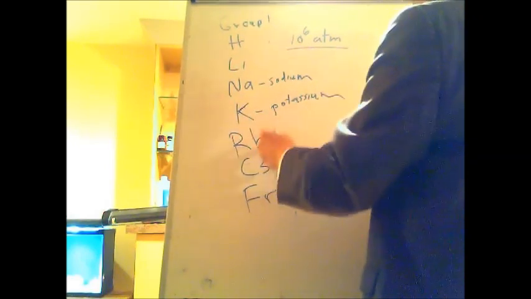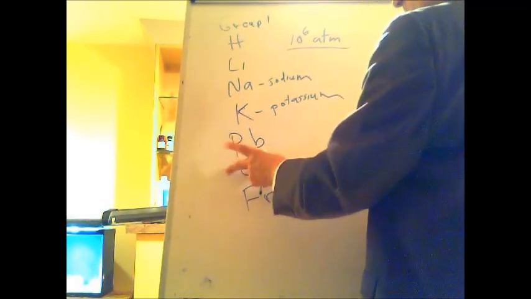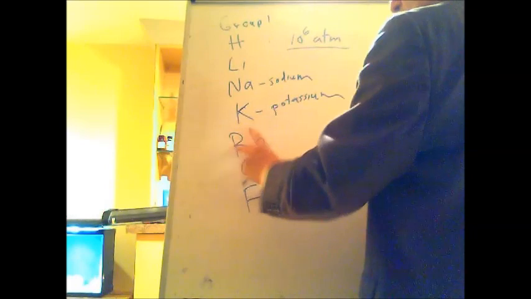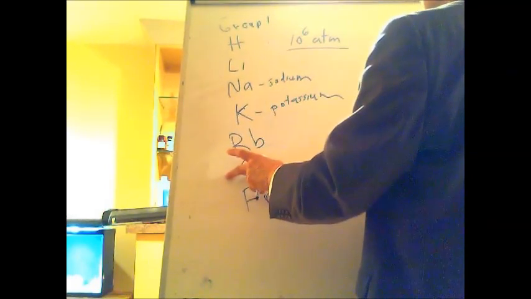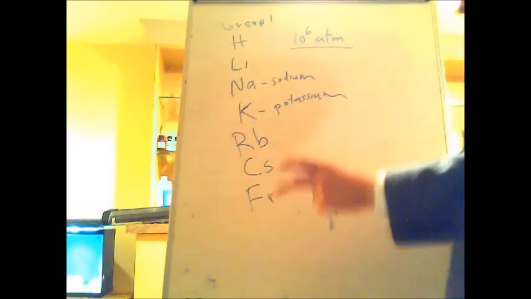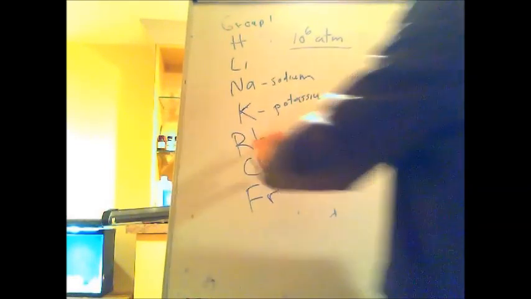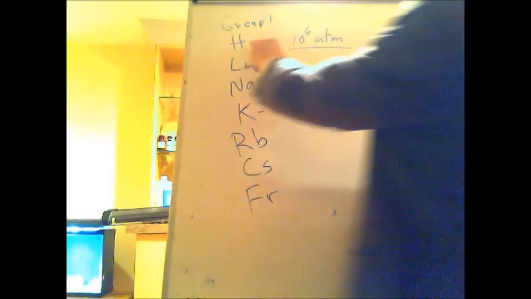These elements are all kind of silvery. I think when you get out to maybe cesium, there's a slight shift in the wavelength, and it might have a slightly different appearance, not as silvery as the other elements. Hydrogen, however, has a kind of golden color to it when it becomes a metal.